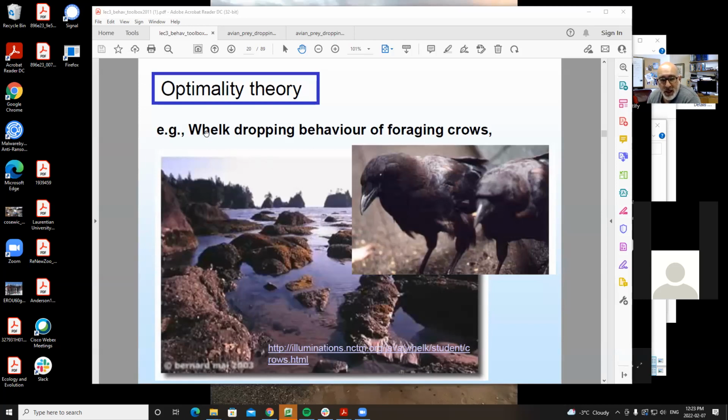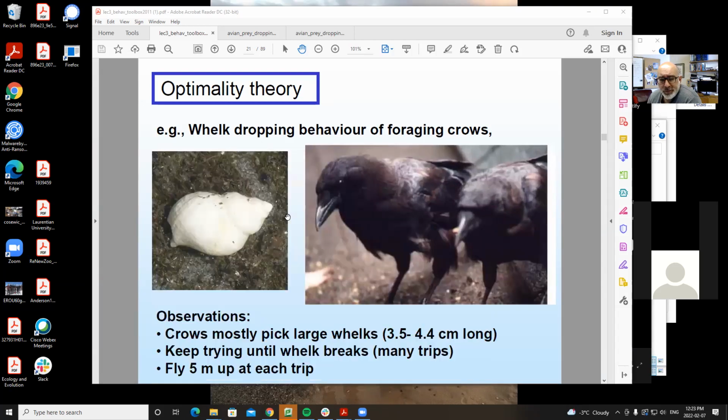and they feed on what are called whelks. So whelks are a mollusk. It's a shelled invertebrate, and the whelks, of course, are on the shoreline, on marine shorelines, and these crows are feeding on them.